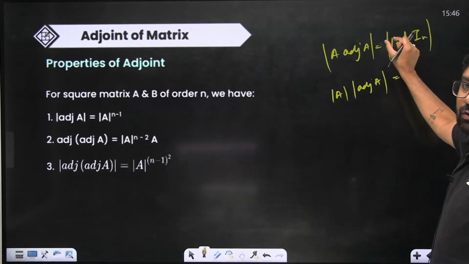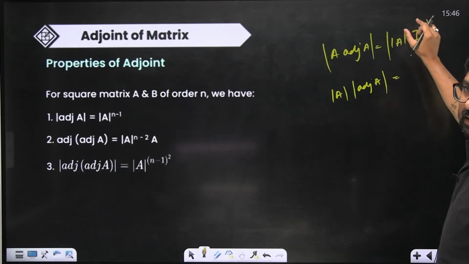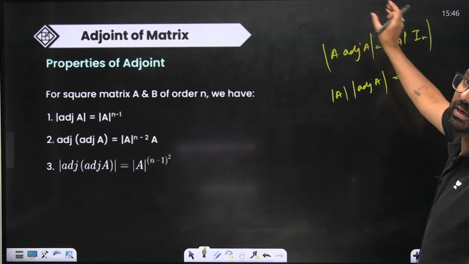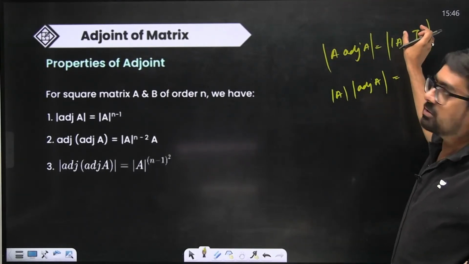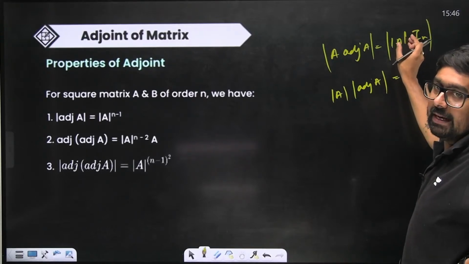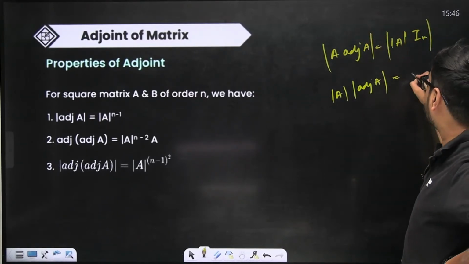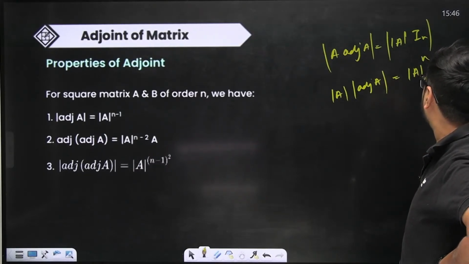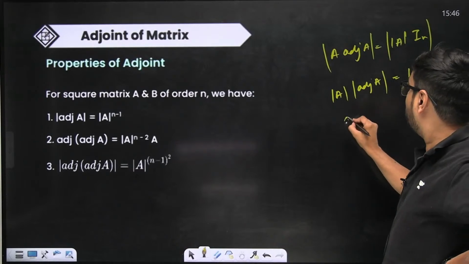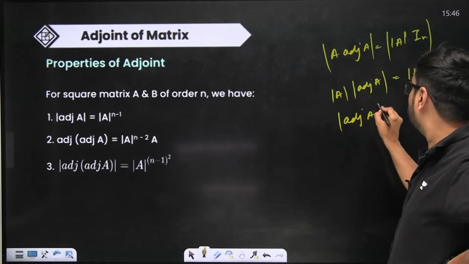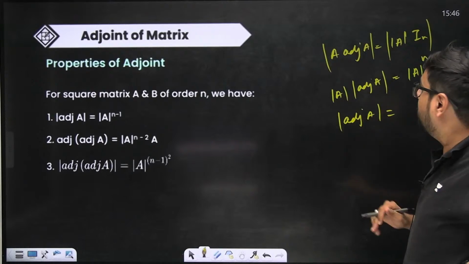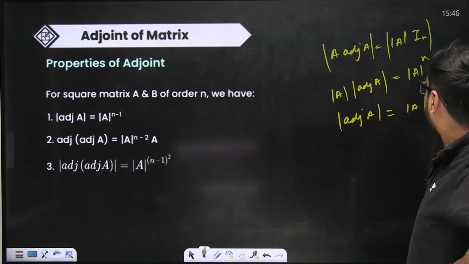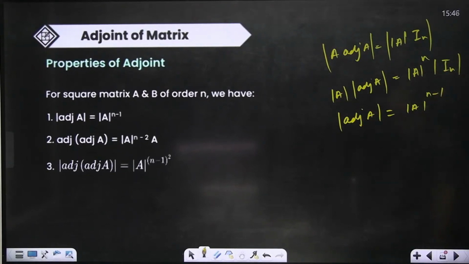Determinant of A is a scalar quantity, a constant, multiplied with an identity matrix. If I take this constant out of a determinant which is of order n, determinant of A to the power n will come out and determinant of identity matrix of order n will remain. Determinant of identity matrix will be equal to 1. This will go in division and we'll get determinant of adjoint of A equal to determinant of A to the power n minus 1.